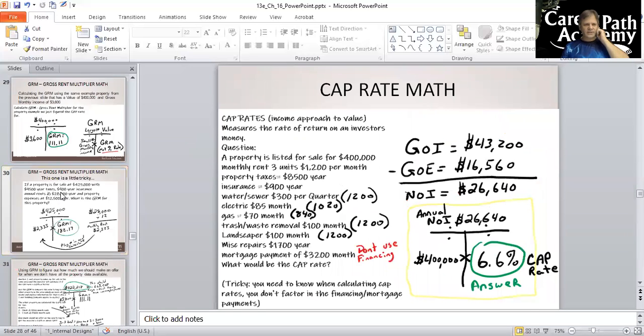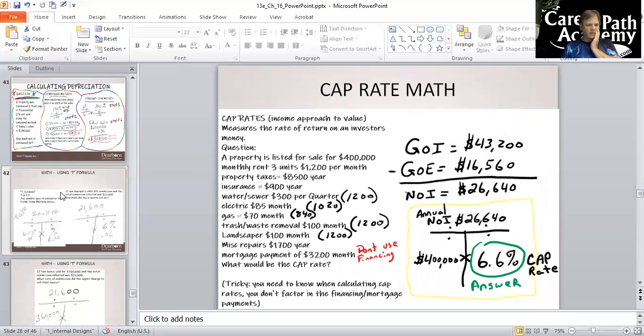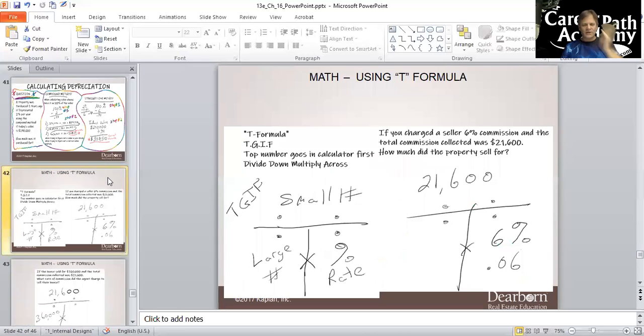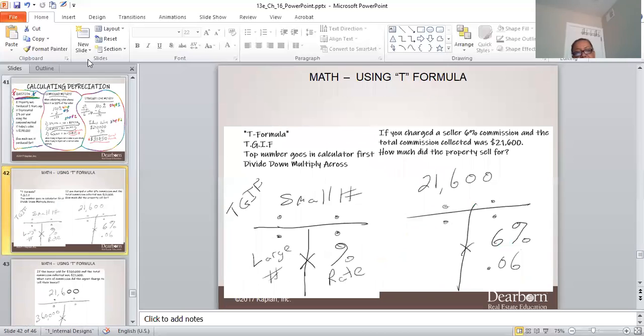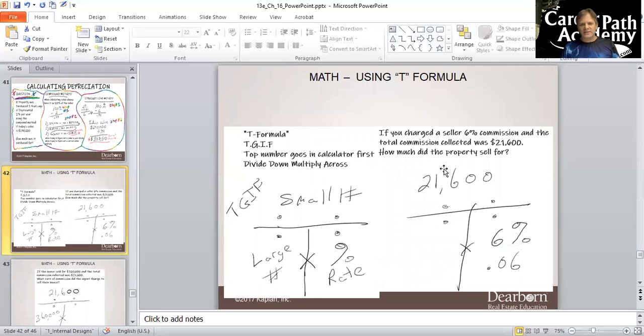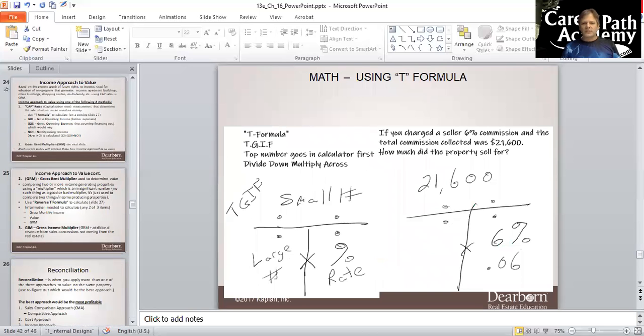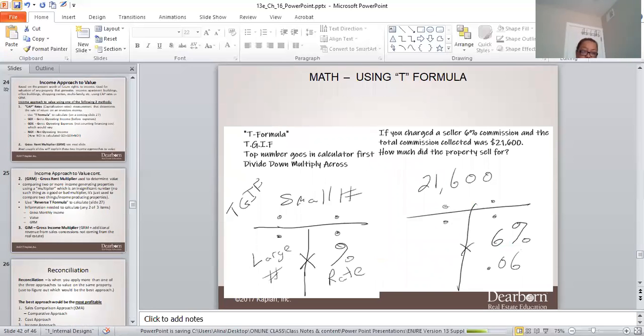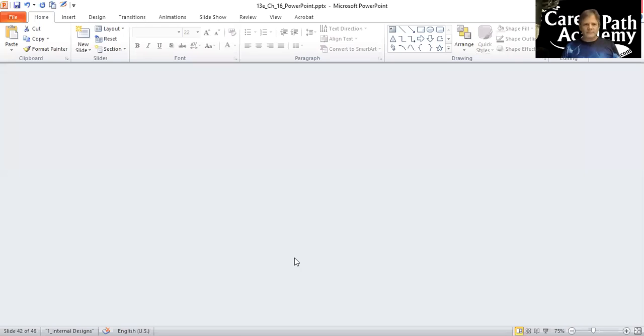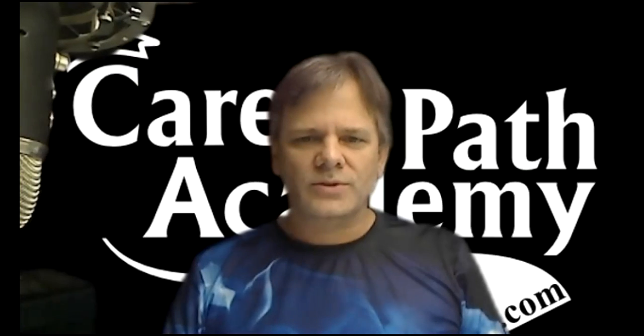Well, this is showing cap rates in the T formula. I should grab one of these T formulas that show how to use it. Actually, no, we have a slide on how to use it. I'll leave it how it is. It's fine. We just have a lot of math slides at the end. All right. We practice. So let's close that out and save it.